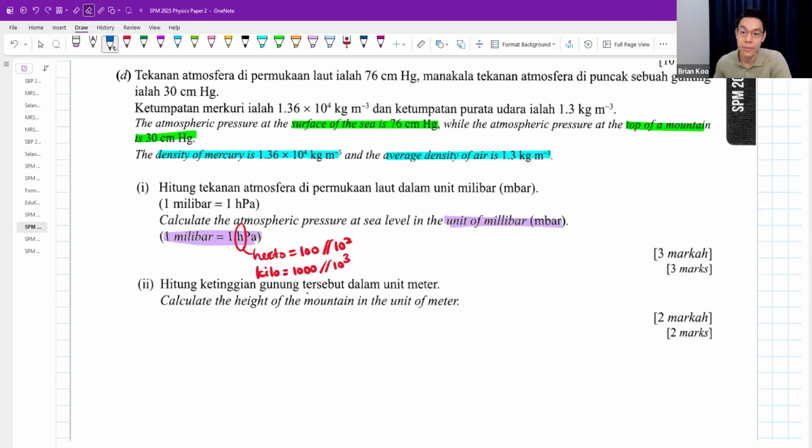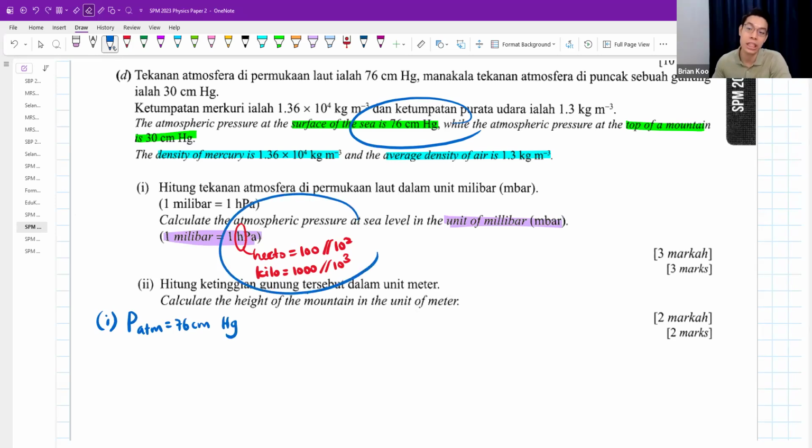Okay, so number 1, atmospheric pressure at sea level. At sea level, it is 76 cm Hg. You want to change to Pascal first, then from Pascal, you change to millibar. Every time you want to change the height to Pascal or Pascal to height, you always use this liquid pressure formula.